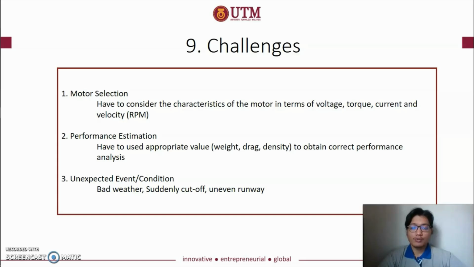So we have to consider the glide angle when our engine is cut off. This part will be explained by Afifa in the flight test. And the next example of unexpected condition is an uneven runway that will make our airplane hard to take off. So I think that's all from me. Thank you.